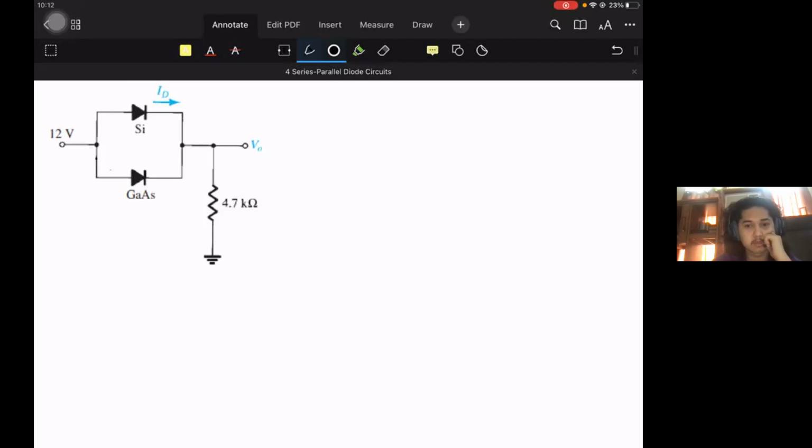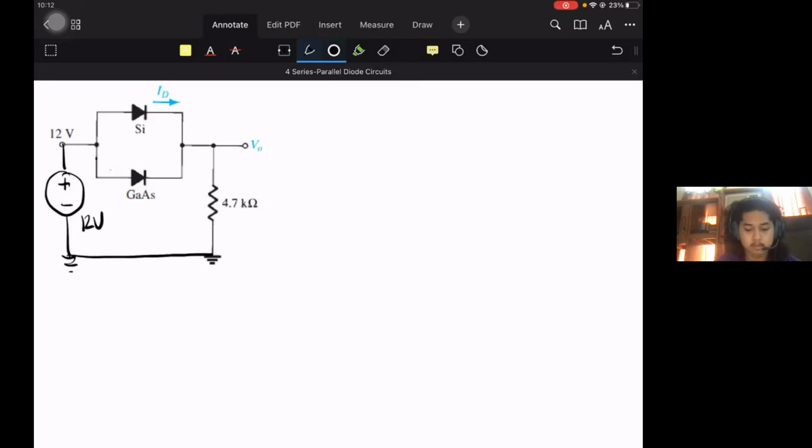They are connected to a 12 volt source and a 4.7 kilo ohm load. The 12 volt source, we can view as connected there at 12 volts, then ground, so both are connected. We can rewrite it as our circuit: germanium, gallium arsenide and silicon.